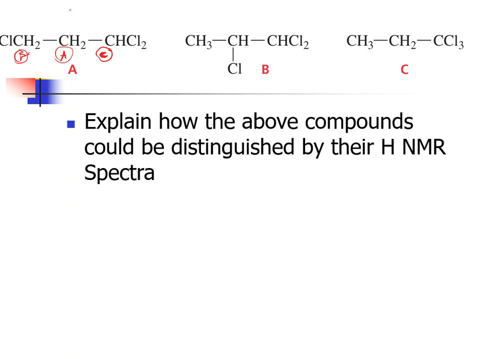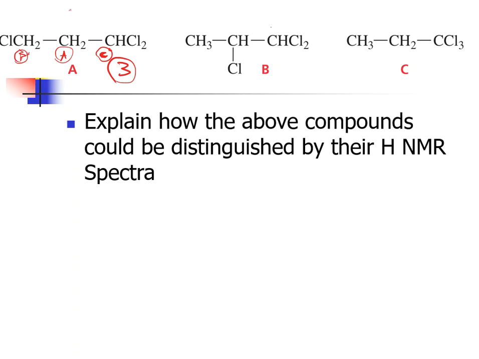So here we at least know we've got 3 signals in total. We can use this maybe as some justification on how to distinguish the NMRs from each other. So let's see if this is going to help us. For part B, again, I'll take a look at the number of signals. This one has 2 chlorines, that one has 1 chlorine, and this one doesn't have any.